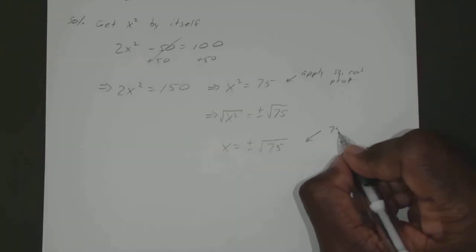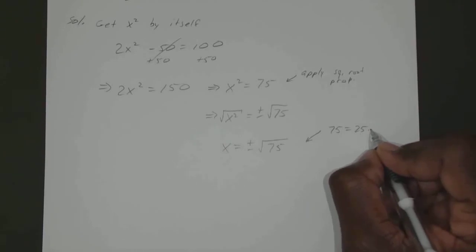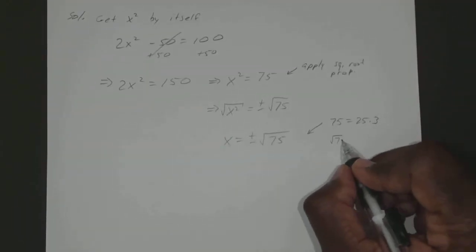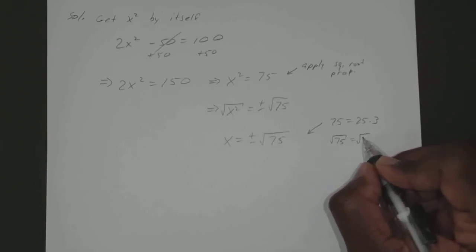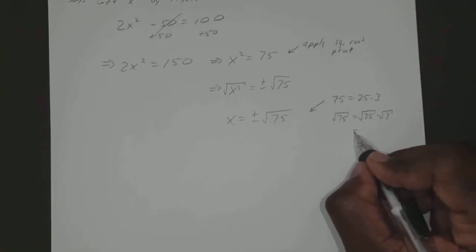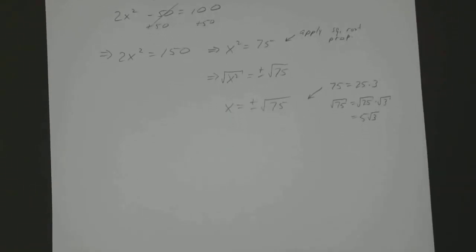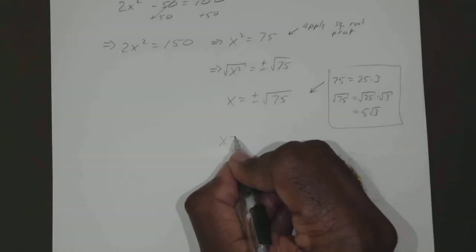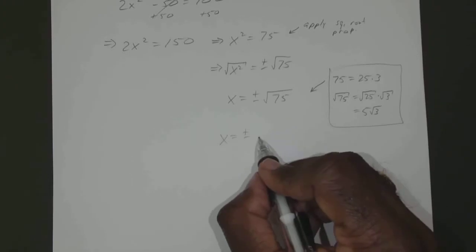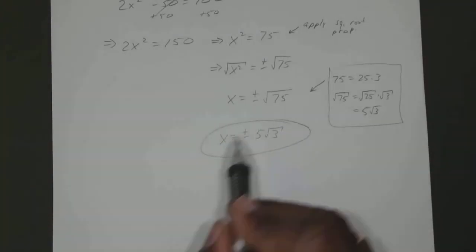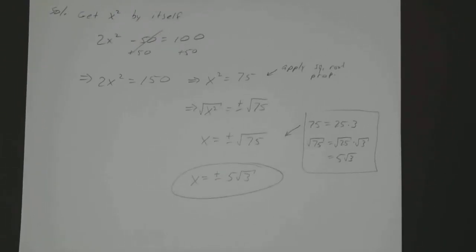But we know that 75 is equal to 25 times 3. So the square root of 75 equals the square root of 25 times the square root of 3, which is 5 square root of 3. That means x is equal to positive or negative 5 square root of 3. All right. Any questions on that one?